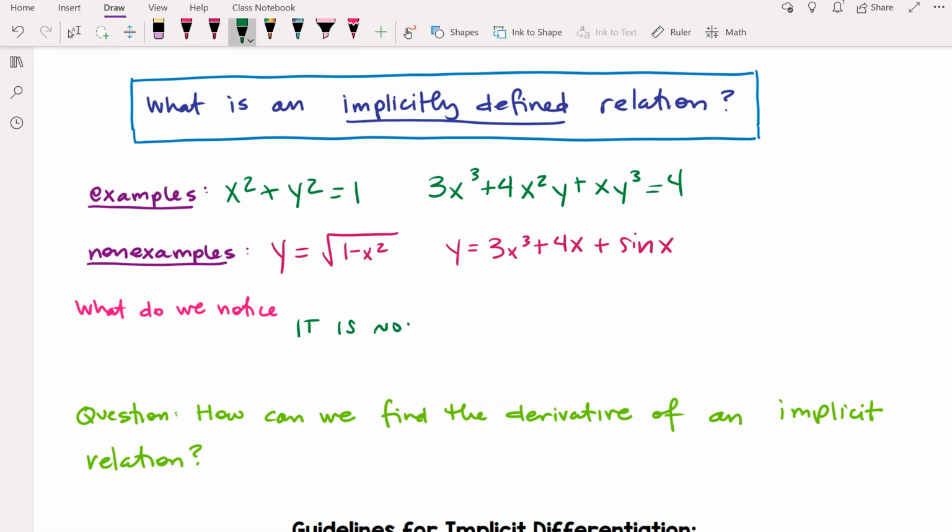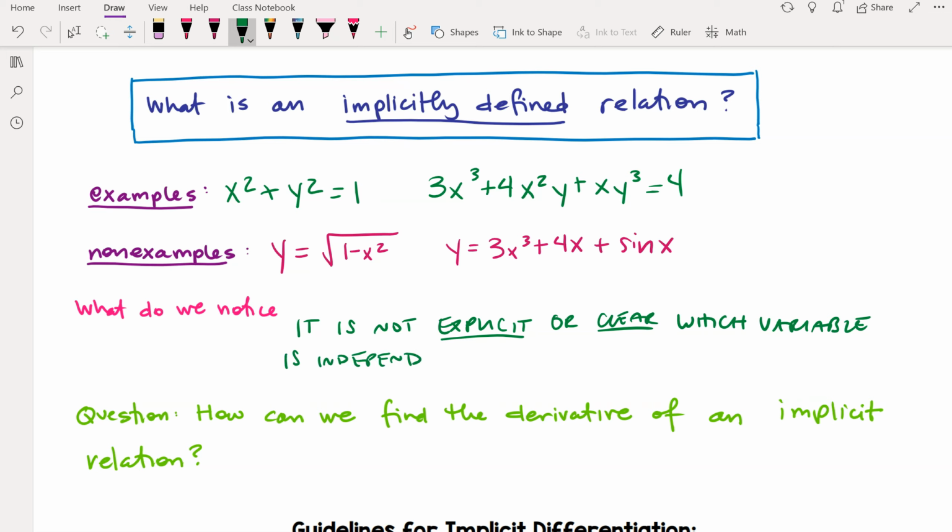It is not explicit, so it's the opposite of implicit. The word explicit means clear. It's not clear which variable is independent and which one is dependent.